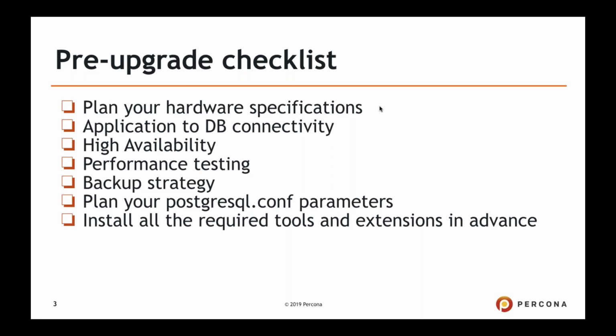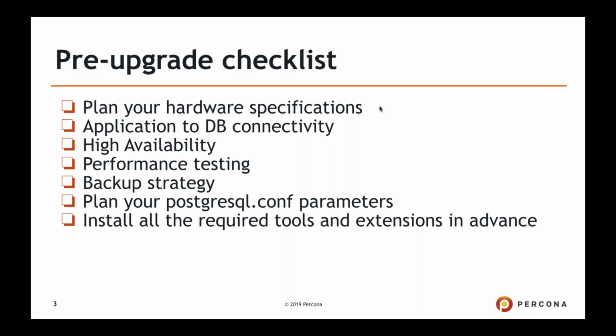So you either need to add more cores or memory, and depending on that, you change your Postgres parameters. So make sure that you use some kind of monitoring solution, or maybe PMM, one of Percona's open source monitoring and management products. You could use such monitoring solutions to really see how your hardware is used, and based on that, you could plan your hardware specifications.